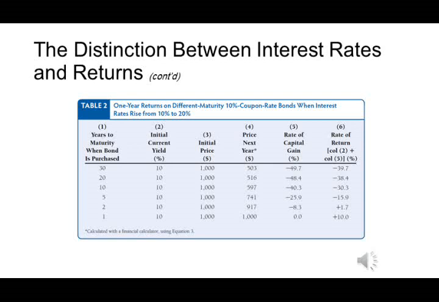When we calculate, there is a capital loss, as you can see, because the price of the bond now, if I decided to sell the bond, for example, for the first case, I'm going to sell it for $503, while I have paid $1,000 to purchase it, which means that there is a loss which equals the difference between 503 and 1,000. So the rate of capital loss will equal 49.7%. This loss is what we call a paper loss.